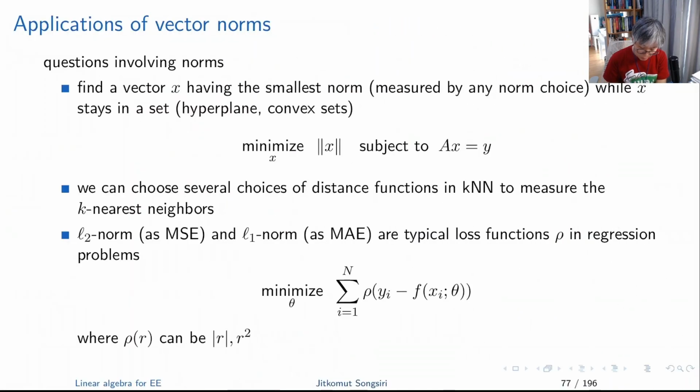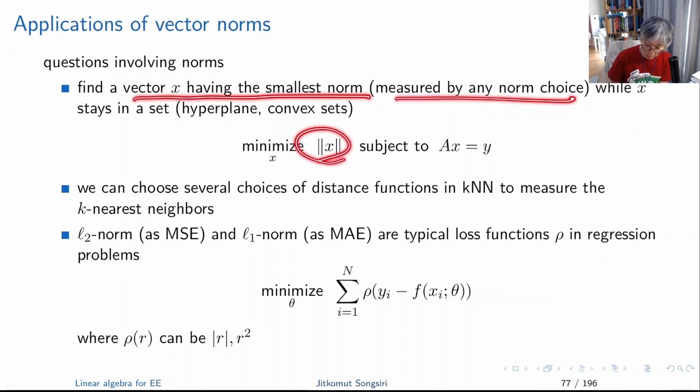Applications of vector norms can be many. Now I have listed some of the common examples. What about the first one? Just find a vector that has the smallest norm, measured by any norm choice up to your purpose, right?